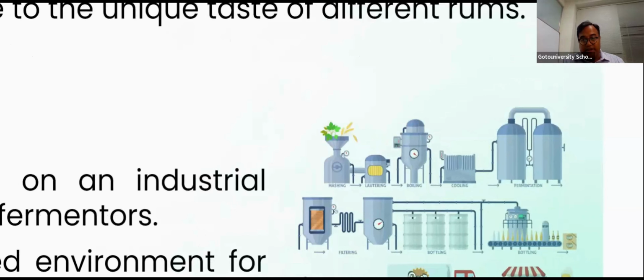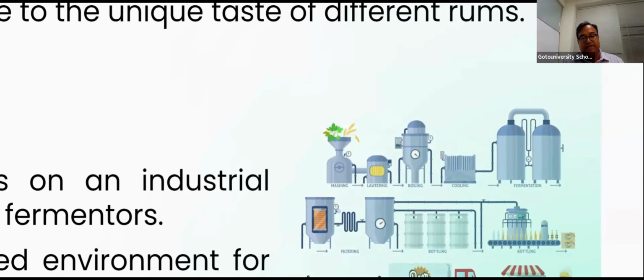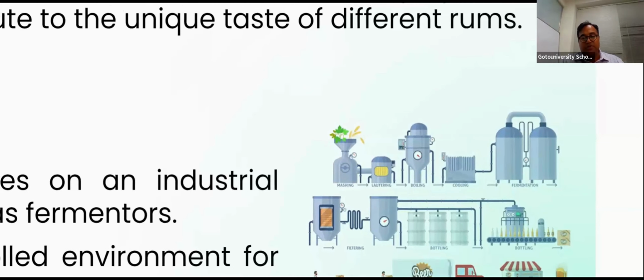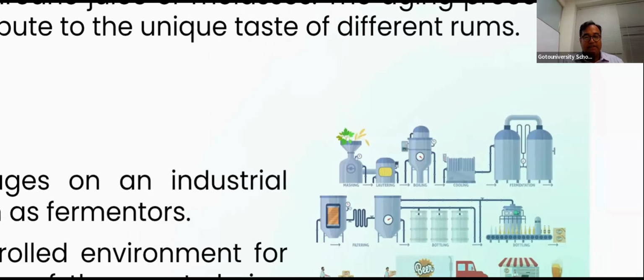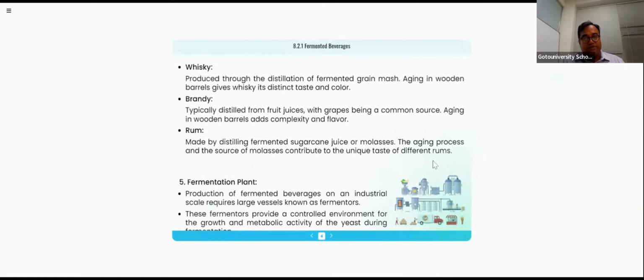How the fermenter tank operates is not given in detail in your NCERT textbook. So just to help you understand, this is a fermenter tank. We gave this information for you, right? The different parts of the fermenter tank and how each one works are not there in the CBSE textbook.